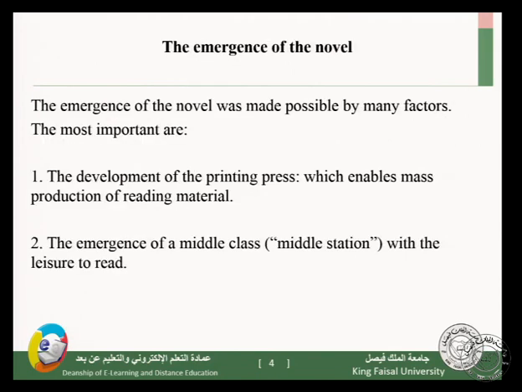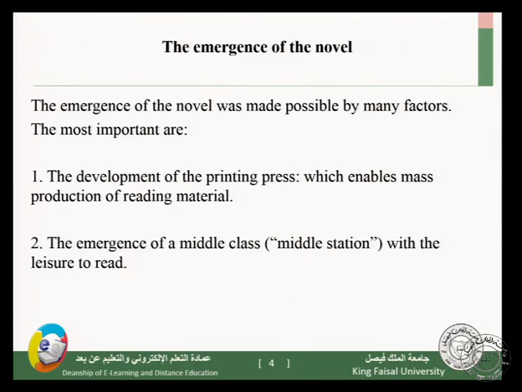So, to understand how the novel emerged, some very important points need to be said. The emergence of the novel was made possible by a number of factors, but the most important are two. The first factor is the development of the printing press, which enabled mass production of reading material.